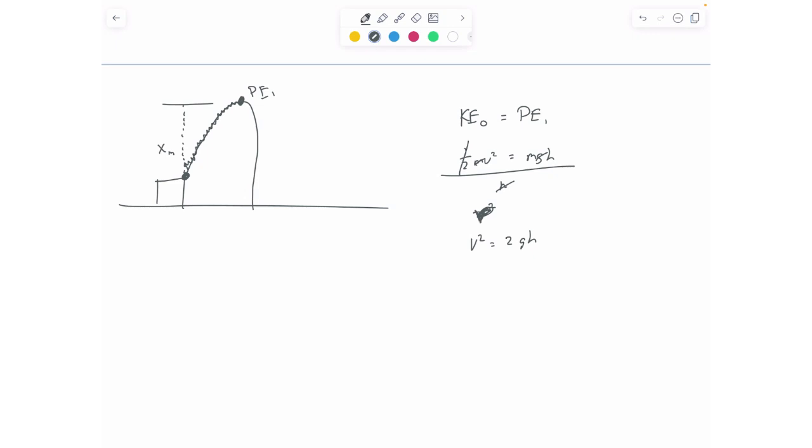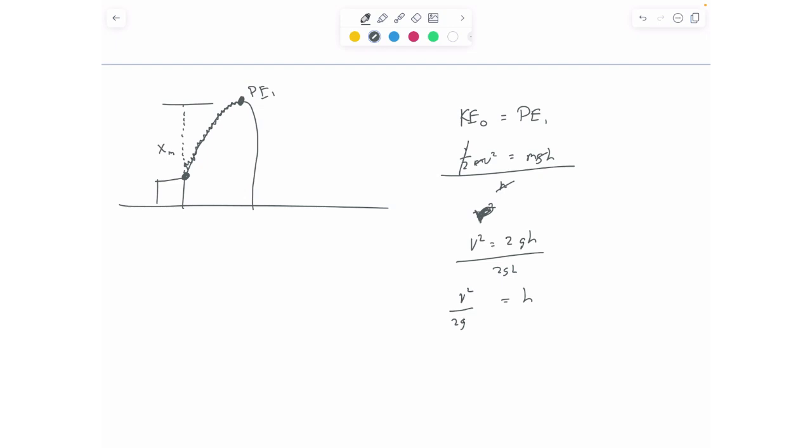And then we're looking for our height, remember? So we divide by 2g, and therefore height is equal to v squared over 2g, where g is gravity.